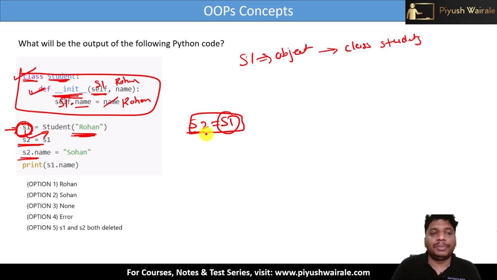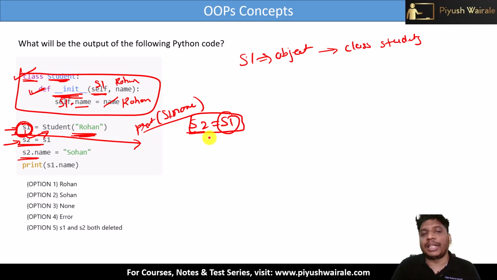Previously, if I simply print S1.name, the output will be Rohan. But at the line S2 equals S1, all the properties of this object now belong to S2 as well.